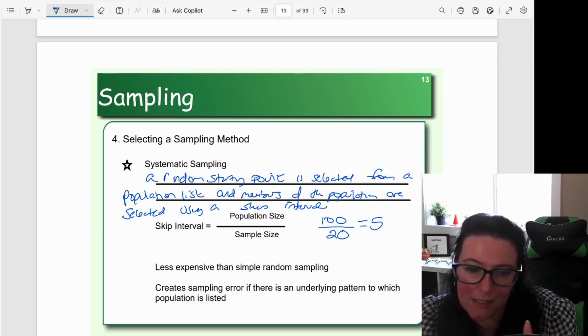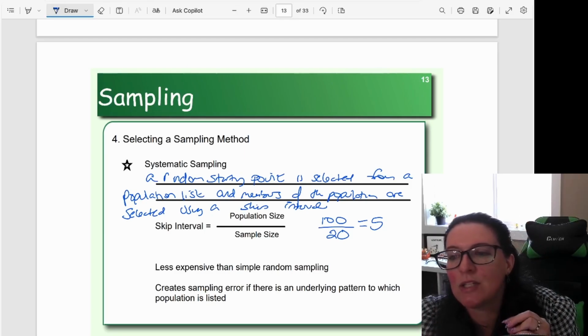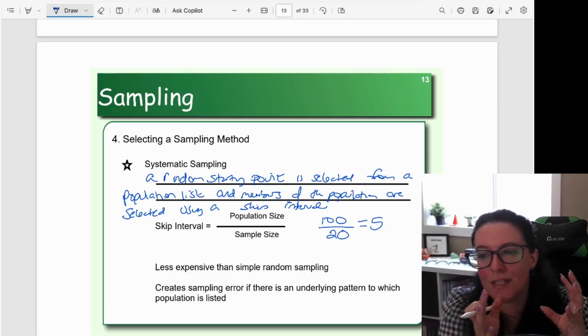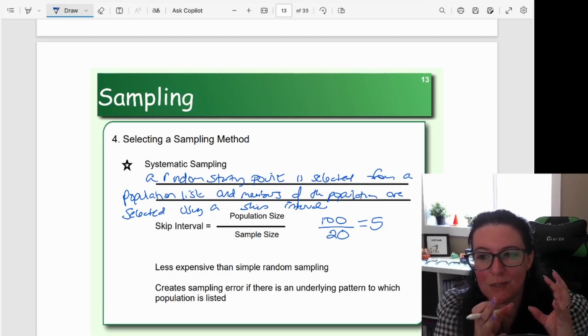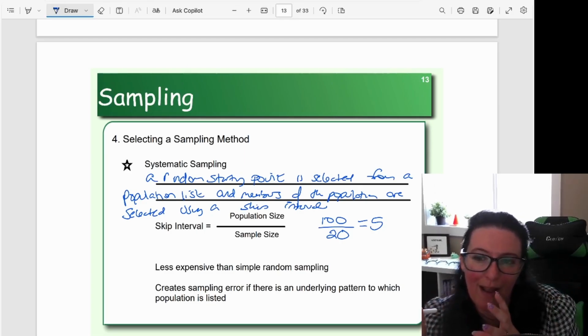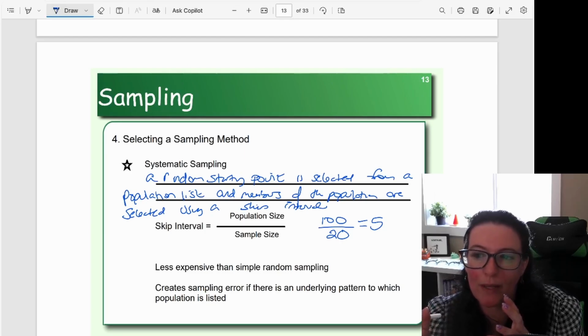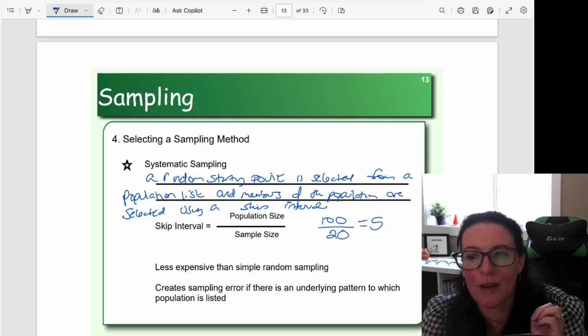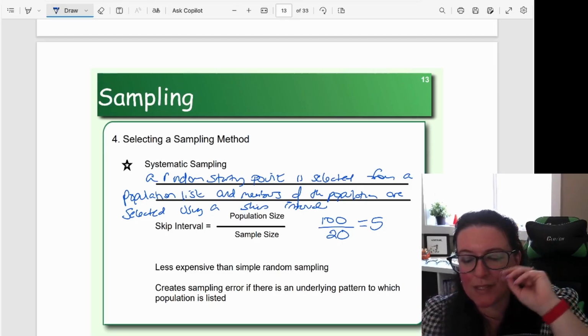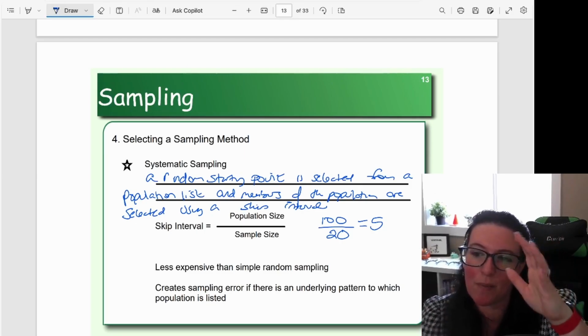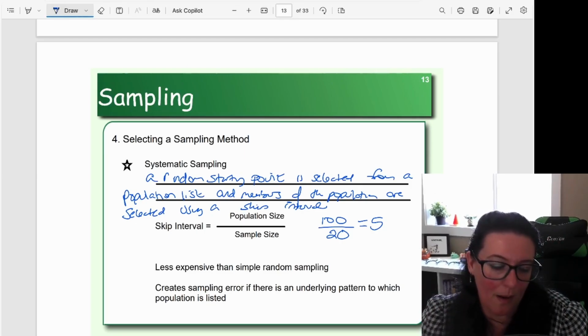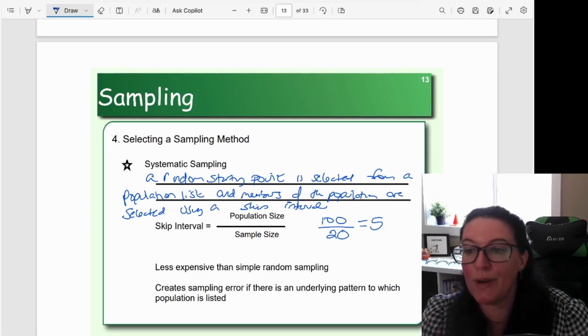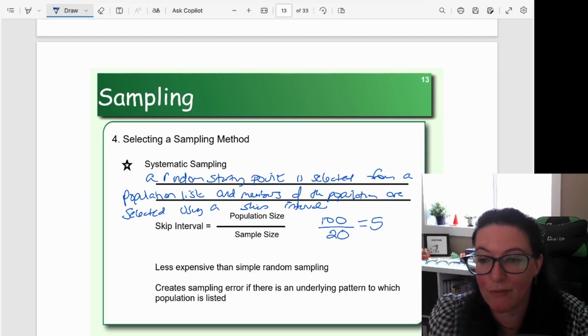It's not, for example, that the first half of the list is the frequent purchasers and the back half of the list are the people who rarely buy from us. Then we would get a small sample of people who purchase frequently and end up with most of our sample being people who never buy or rarely buy from us.